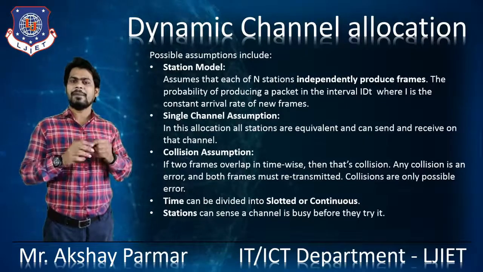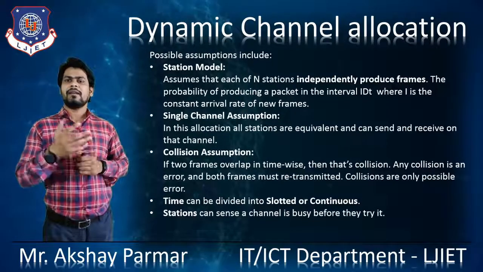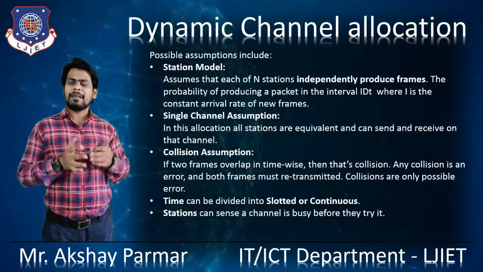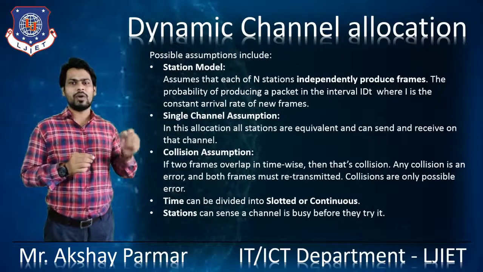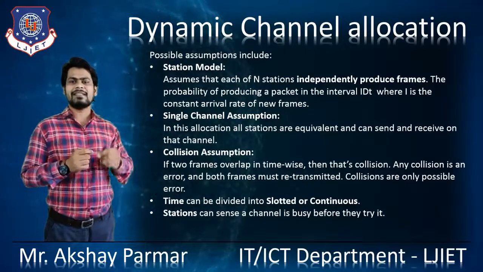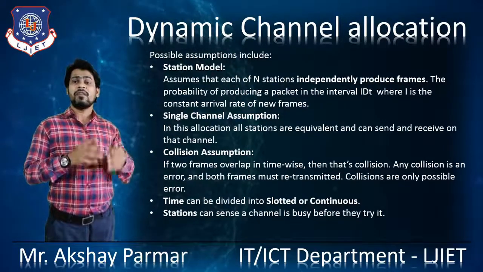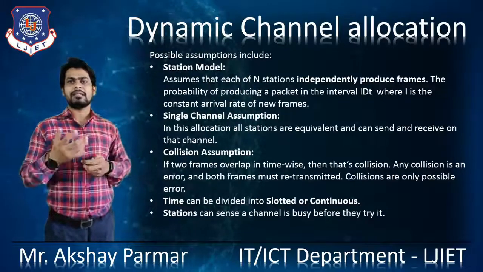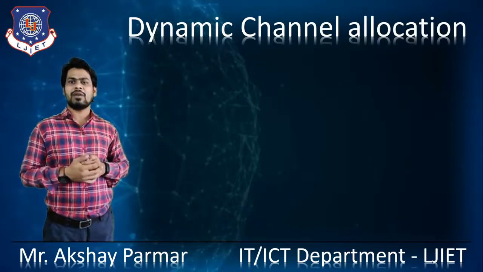Collisions are the only possible error. The assumption about time: time can be divided into slotted or continuous manner. Stations can sense whether the channel is busy before they try it. So that's the assumption about the dynamic channel allocation.